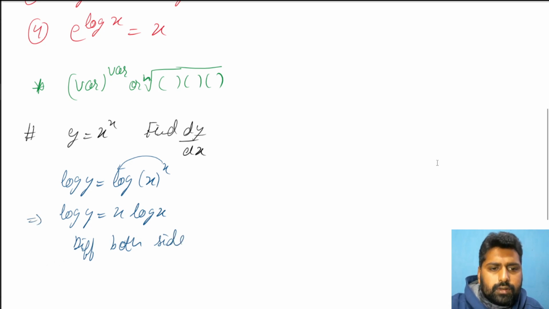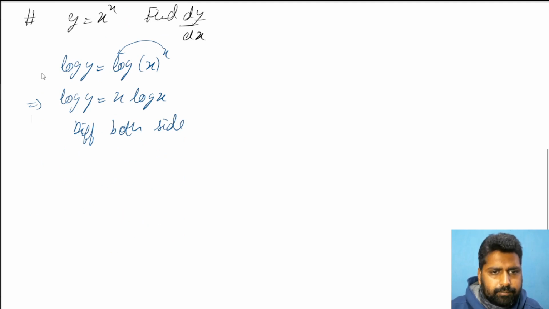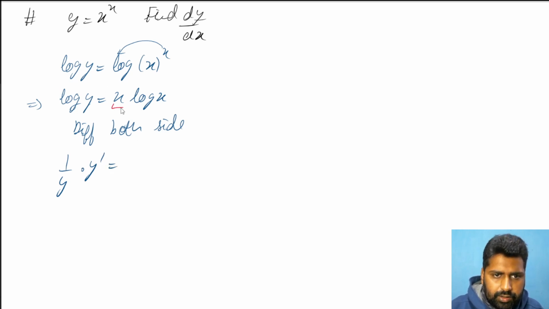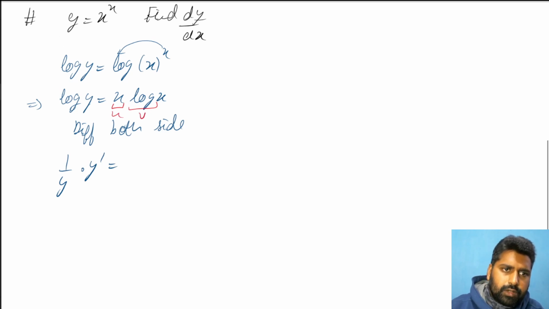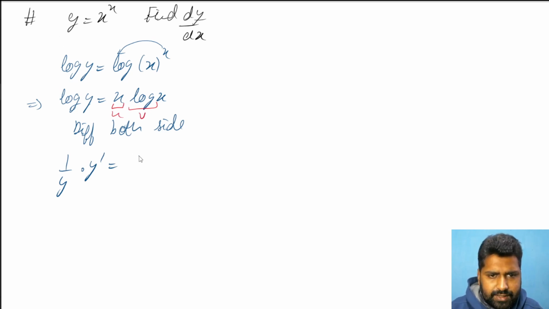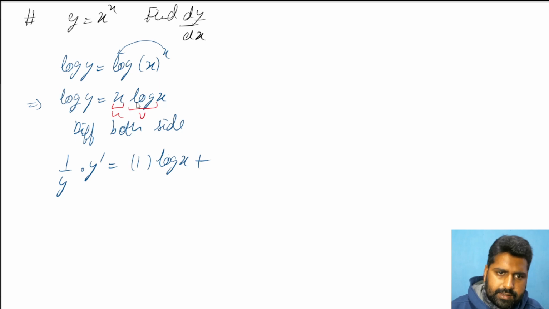Okay, so let's see. Log y differentiation will be same as the differentiation of implicit function. Whenever y gets differentiated, you multiply y dash additionally, because of the chain rule. So log y differentiation is 1 by y into y dash is equal to, and here while differentiating you'll use uv, two things in multiplication. Differentiation of x is 1, into log x as it is, plus differentiation of log x, that's 1 by x into x.